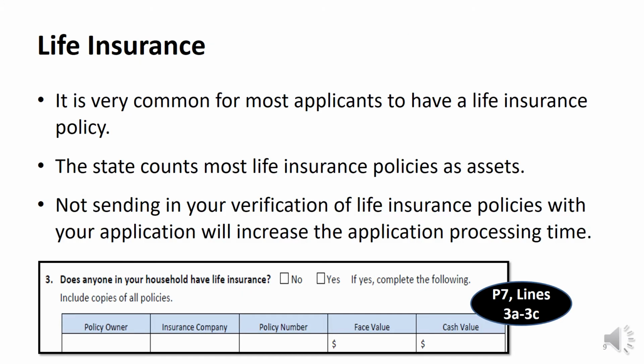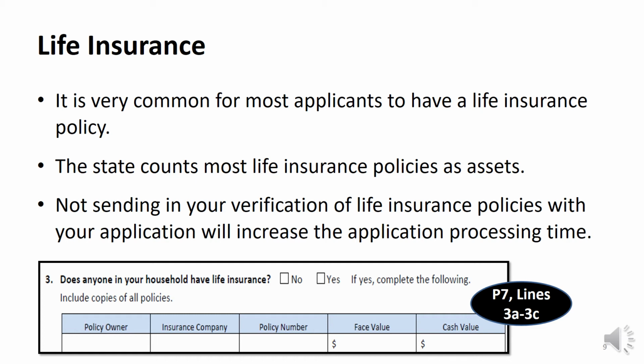Life insurance. It's very common for most applicants to have a life insurance policy. The state counts most life insurance policies as assets. Not sending in your verification of life insurance policies with your application will increase the application processing time.